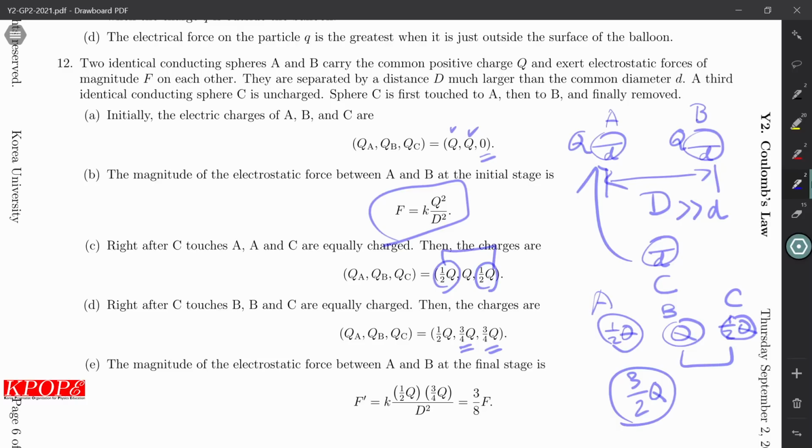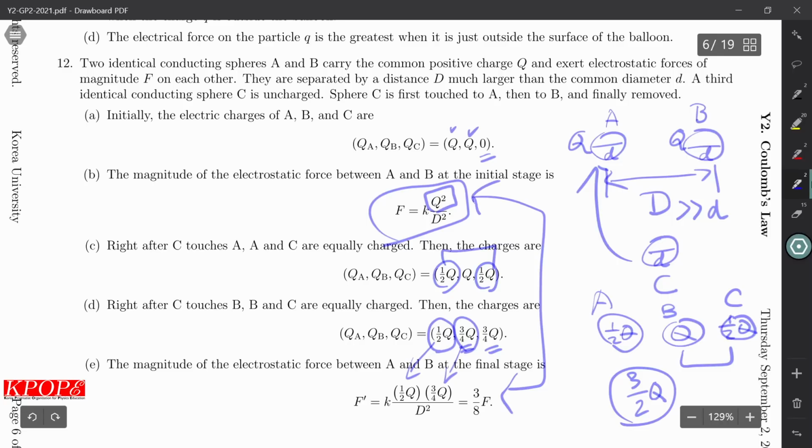Then the only difference is the change in the charge in A and B. The charges in the final state of A and B are 1/2 of Q and 3/4 of Q. Substituting these values, you will find, in comparison with the initial value, a factor of 3/8.